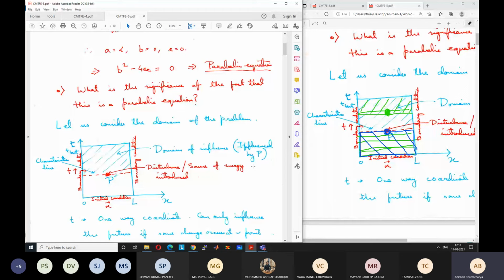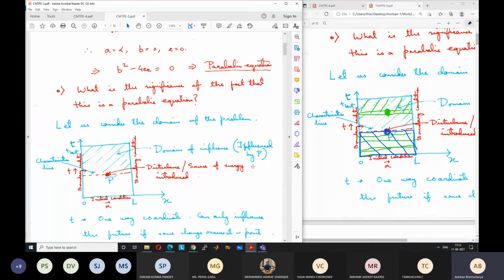You always have to have a characteristic line which demarcates the domain of influence and the domain of dependence, because information can only pass in one direction. If a problem depends on time, it has to be like this, what I have just shown here.